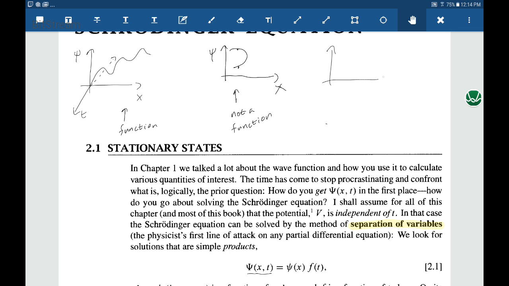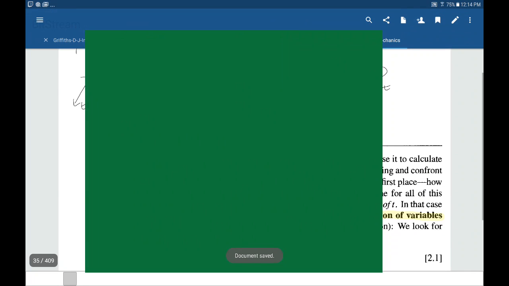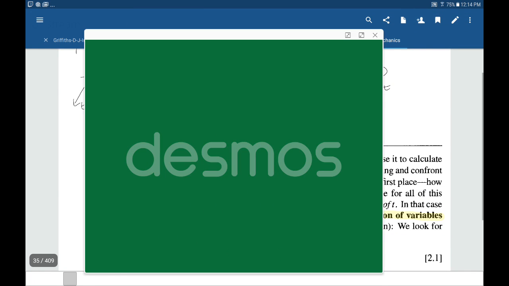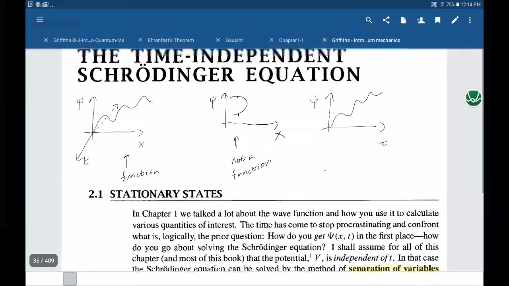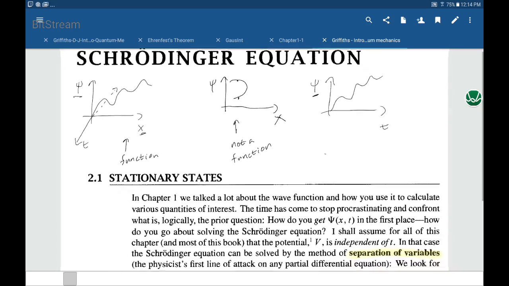I could also just simply collapse it into another dimension because that's easier for me to draw. And basically, if time changes, my wave function changes. If x changes, my wave function changes.